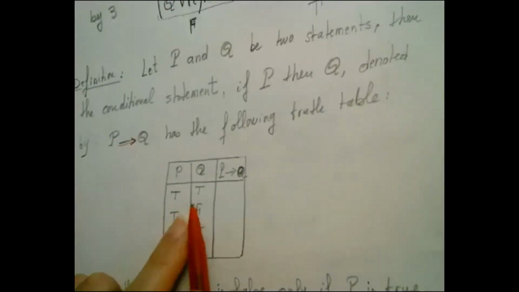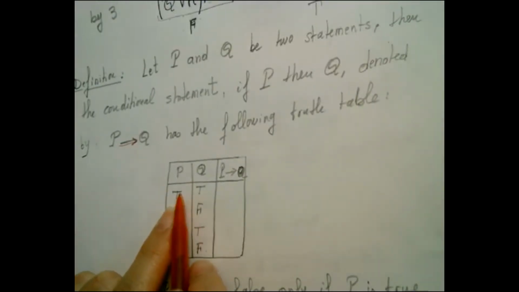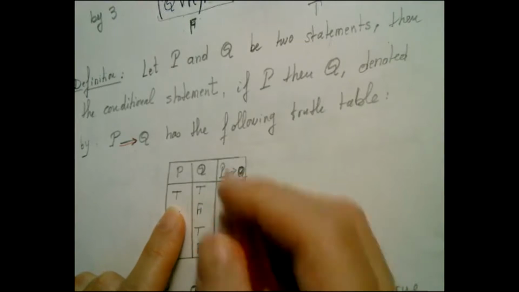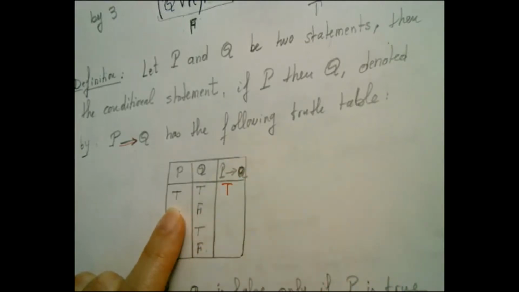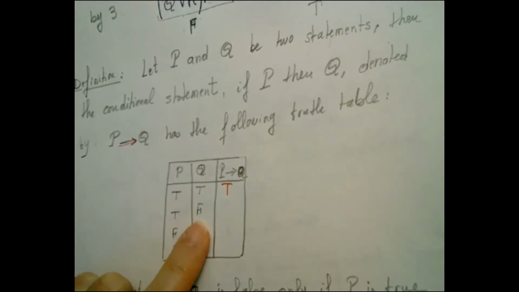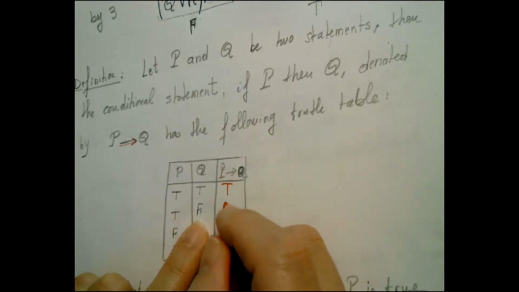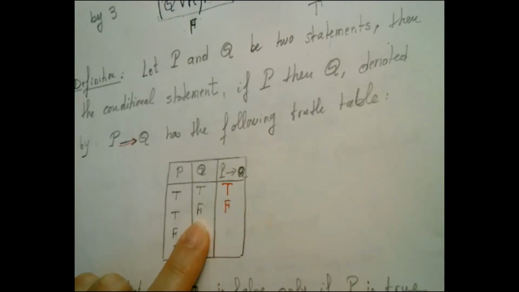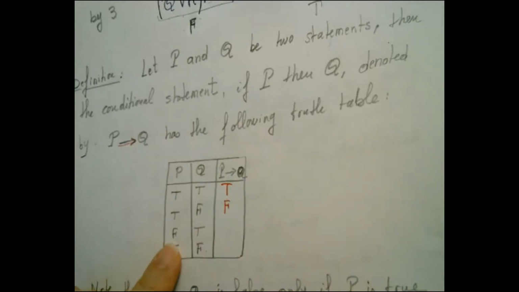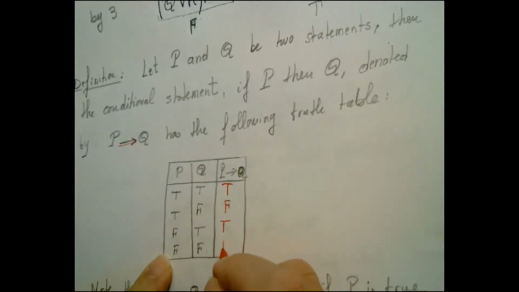So when is if P then Q true? If P is true and Q is true, then if P then Q is true. If P is true but Q is false, that is false. If P is false, I don't care about Q. My statement is true, whether Q is true or not.